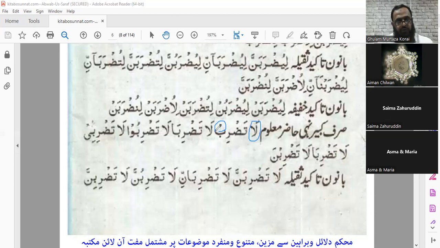I will also discuss the meaning, inshallah, with you very soon. But now you have to just remember this is Sarf Kabir Nahi Hadir, and this lam is la nahi, and it brings 2 changes, first in meaning and second in the i'rab.